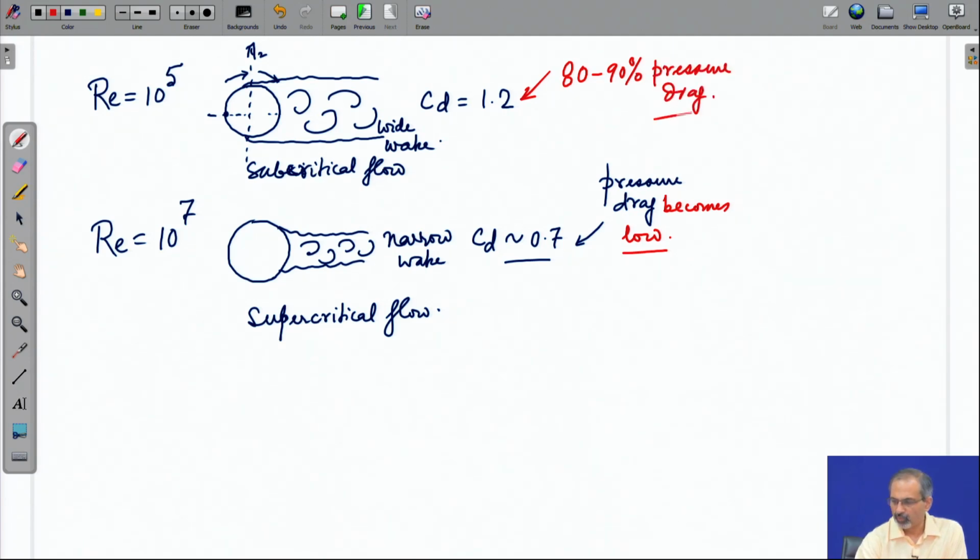So, if the wake becomes narrow, the drag will come down dramatically, and that is what happens in a supercritical flow. In recent studies, what is found is that the laminar boundary layer over the cylinder goes through a small recirculation pocket like the laminar separation bubble we were talking about, turning the flow turbulent, making it a more robust boundary layer, and thereby delaying the stall.